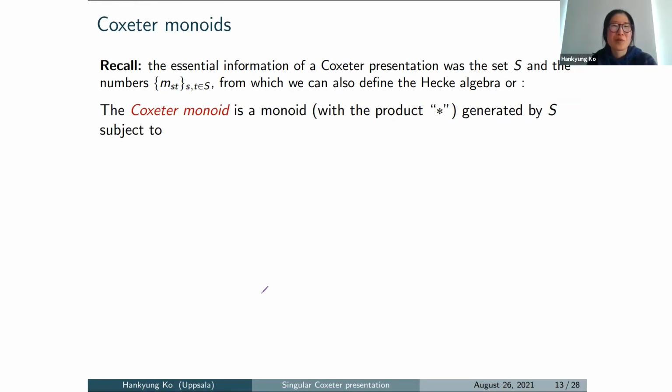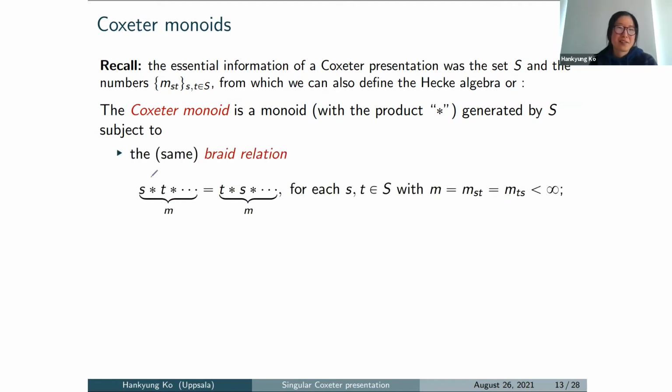The Coxeter monoid is a monoid, which means it has an associative operation and the identity element, but not inverses. It has a Coxeter presentation, where the generating set is S, and we have the same braid relation as in the Coxeter group. But to distinguish the Coxeter monoid from the Coxeter group, I will write star to denote the product.